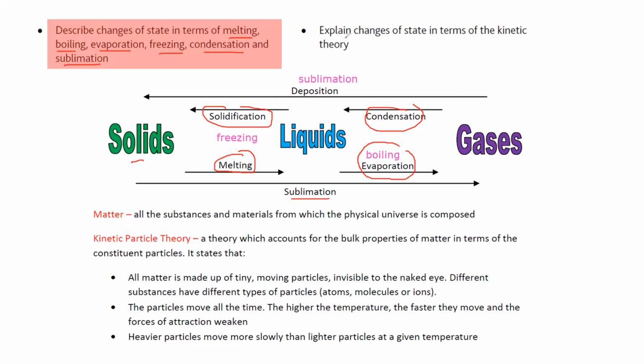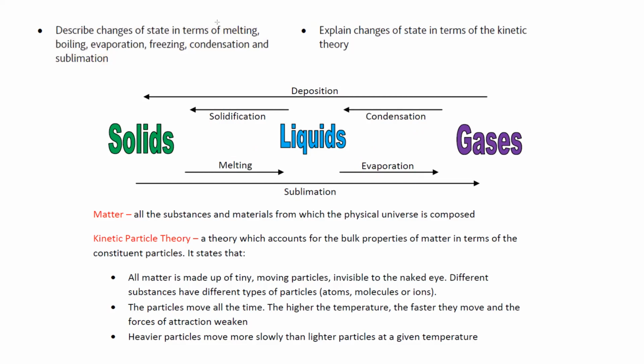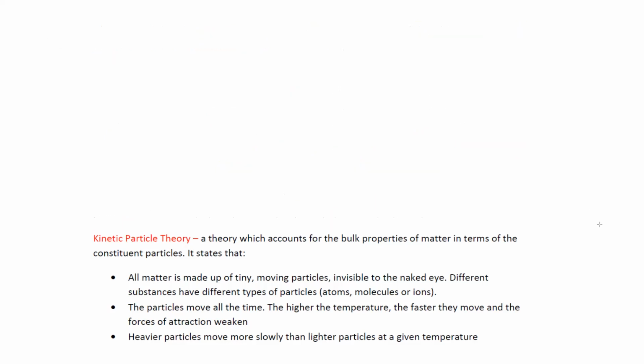Then you should be able to explain the changes of state in matter in terms of kinetic theory. What is kinetic theory? There are some points related to kinetic theory. Basically, the kinetic theory explains the idea about matter and the states of matter.